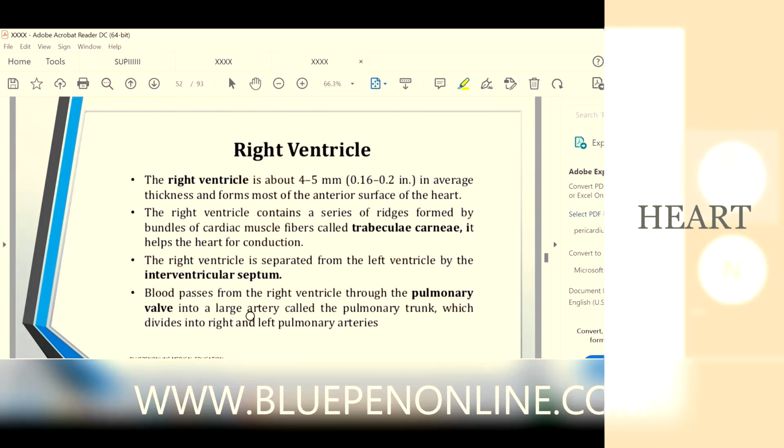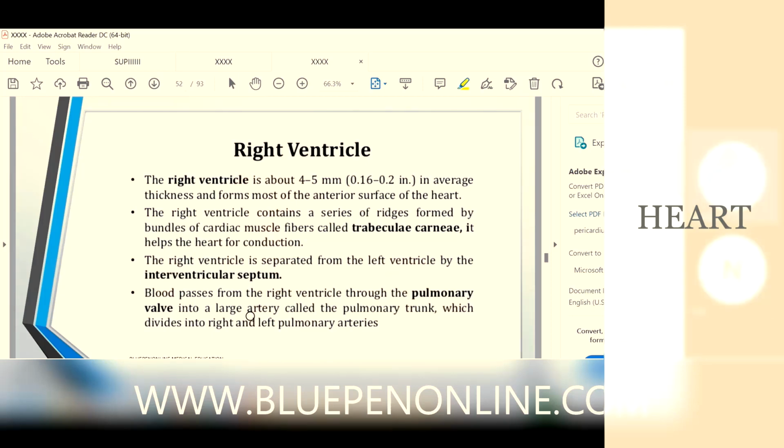Because there is a muscular ridge that is known as musculopectinate. Yes, ma'am. And right atrium and right ventricle are divided by a valve called tricuspid valve. Okay, fine. All right. No issues.